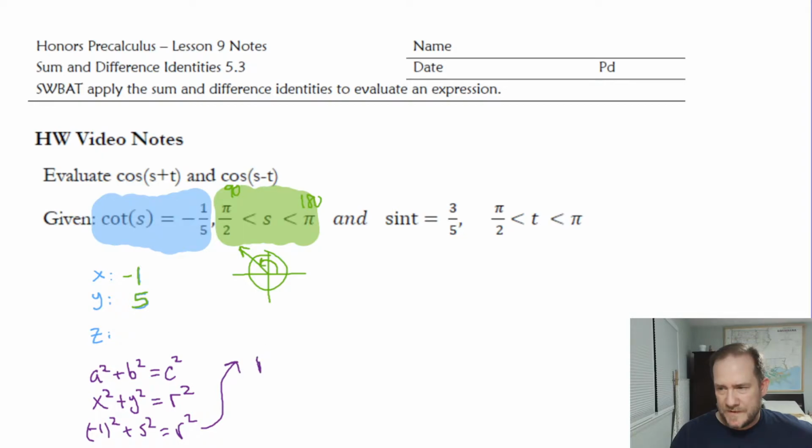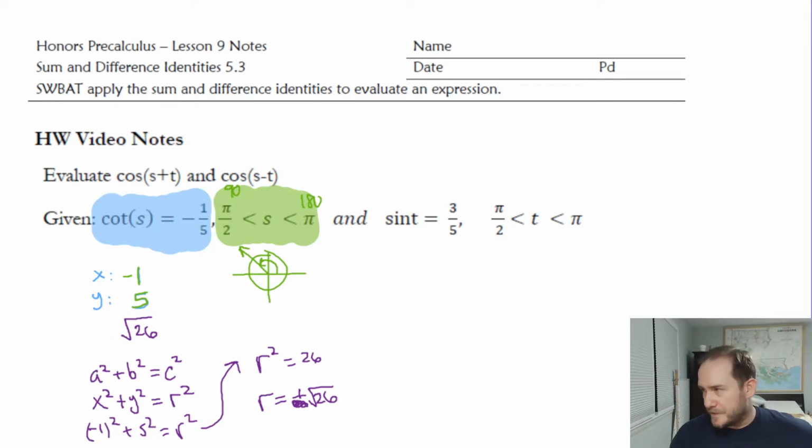That seems to imply that r squared is 26. So you take the square root, and technically you get plus or minus root 26. But the radius can never be negative. So this negative solution is extraneous, throw it out. Our radius is root 26. So no, it's not z. It's the radius. We're supposed to be finding x, y, and r, of course.